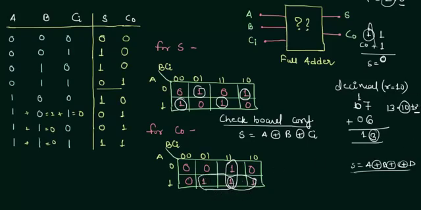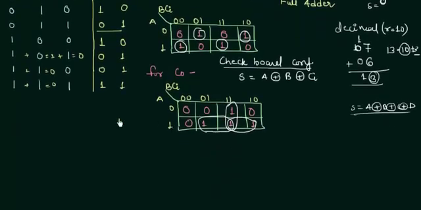This is the simplest thing that anyone will do with this particular K-map, but there is a twist that we will see after finding the values of these implicants. So what is the C output?